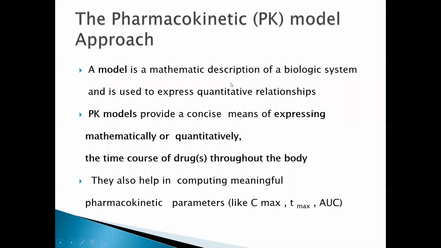Okay, so these pharmacokinetic models also help in computing meaningful pharmacokinetic parameters like Cmax, that is the maximum concentration of drug that has reached the plasma, or the time taken to reach the maximum concentration, or AUC, which is the total amount of drug which has reached the systemic circulation. So we are going to describe the time course of drug throughout the body mathematically or quantitatively by means of pharmacokinetic models.